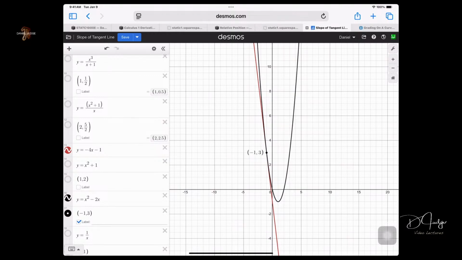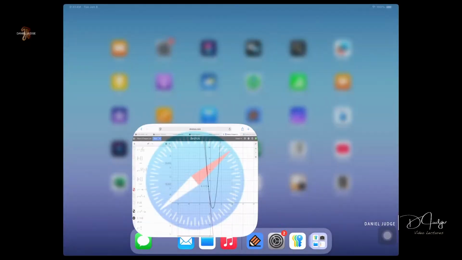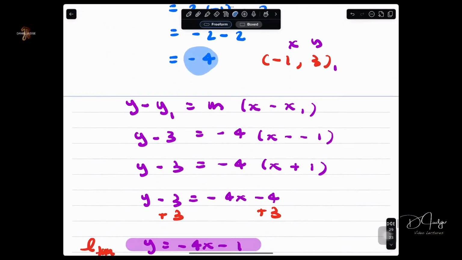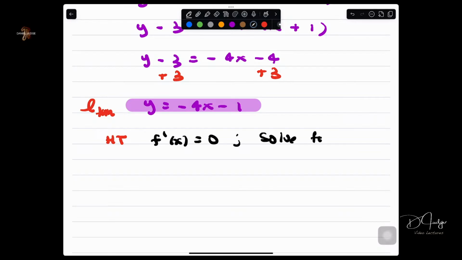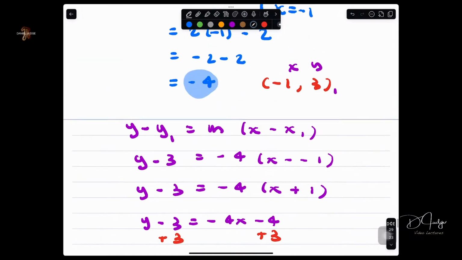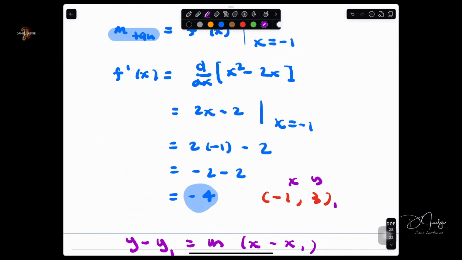We're now going to try to locate horizontal tangents now. So when you try to locate a horizontal tangent on this curve, remember this. You set the derivative of the function equal to 0, and you solve for x. 2x minus 2 equals 0.